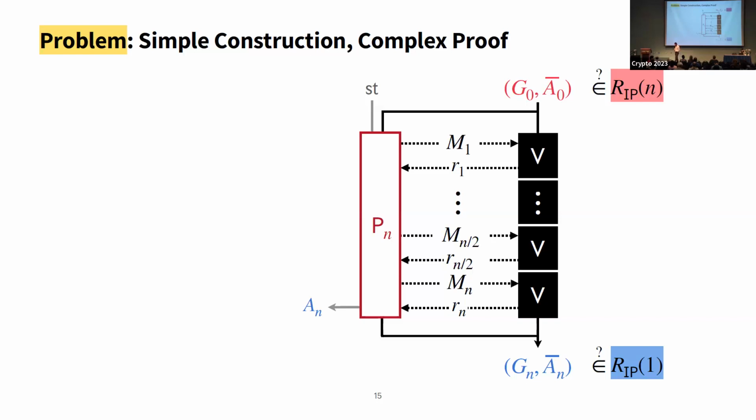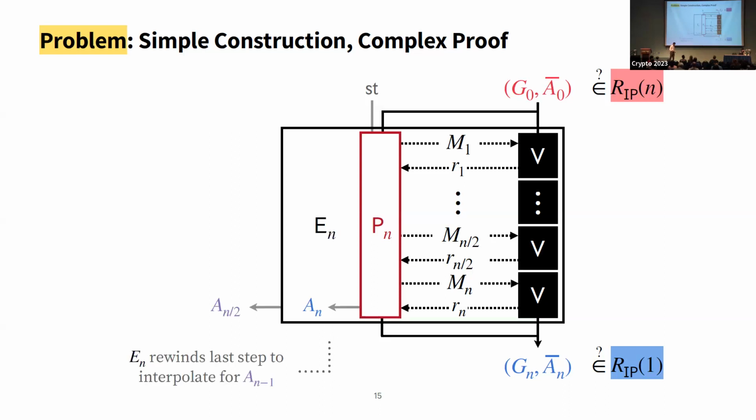And typically, traditionally at least, for arguments with several steps, you prove that there exists an extractor for each step, and you cleverly compose these extractors in such a way that you can build an extractor for the overall argument, okay? So in this particular case, we'll build an extractor which just uses the last step of this prover, just rewinds that last step, and interpolates back out a length 2 witness vector, which represents a satisfying witness if the verifier were to stop a step earlier, that is, reduced down to length 2 vectors instead.